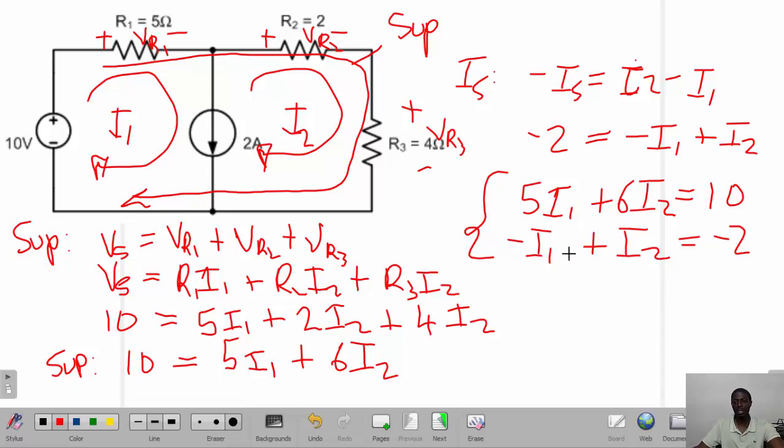You can use the replacement method, you can use matrices, or you can multiply this by 5, which gives you 5, 6, and 10, and here you have minus 5, plus 5, and minus 10. So the 5 and 5 will cancel out.